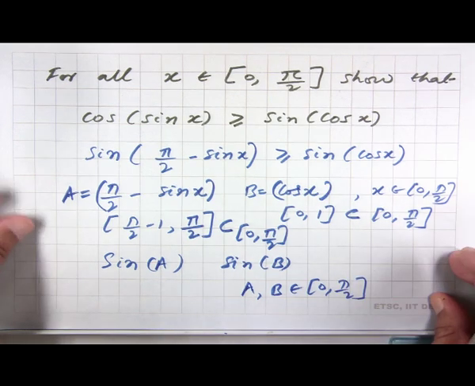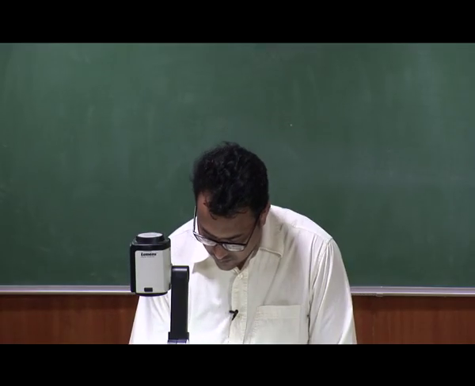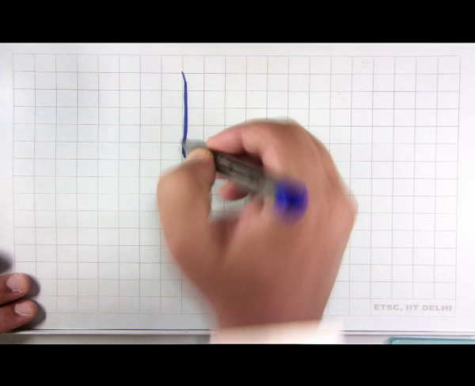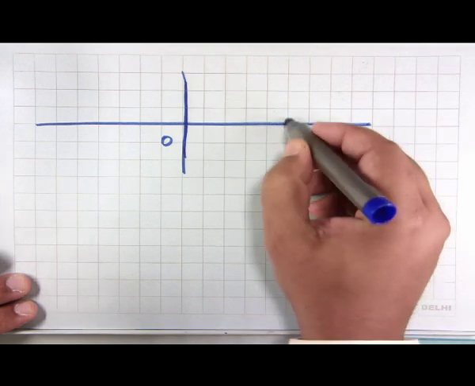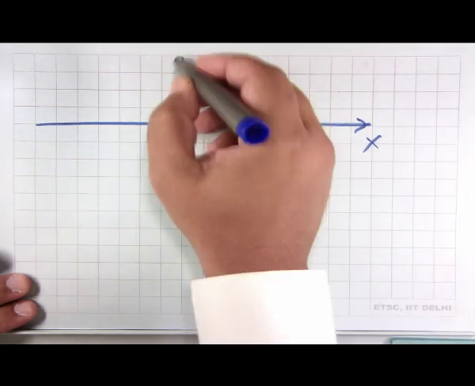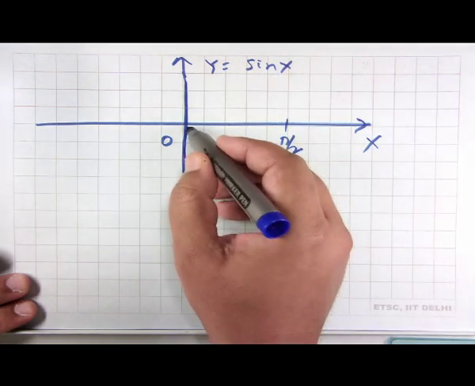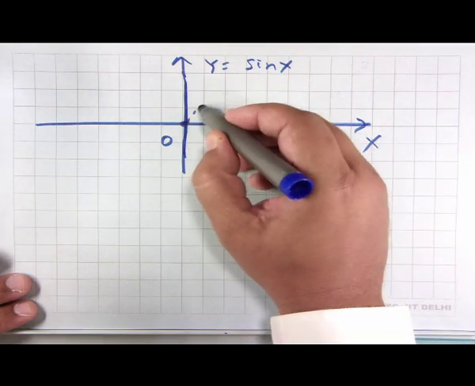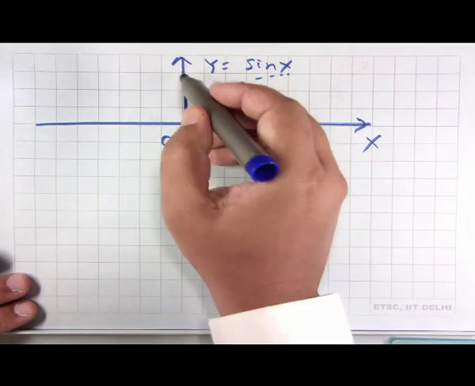If you have seen the graph of the sine function, I'll quickly plot it. So if this is 0 and this is pi by 2, this is x and this is y equal to sine x. At x equal to 0, sine x is 0, and then between 0 and pi by 2 it is monotonically increasing from 0 all the way till 1.